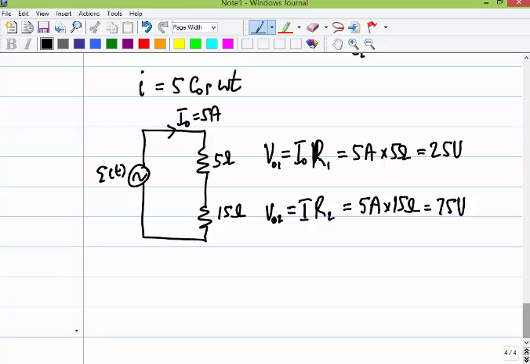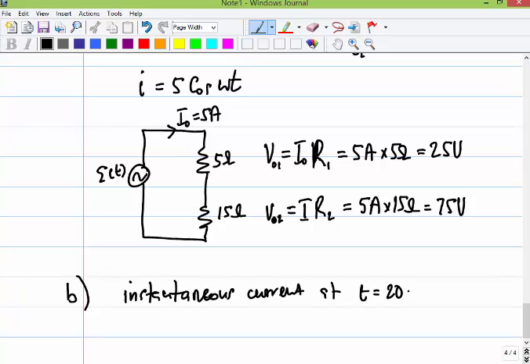Part B asks: what is the instantaneous current at t equals 20 milliseconds? So what is the current formula? There's already a formula for current.